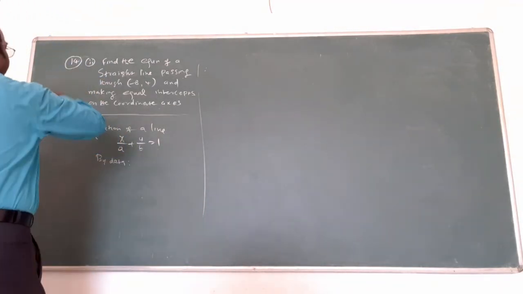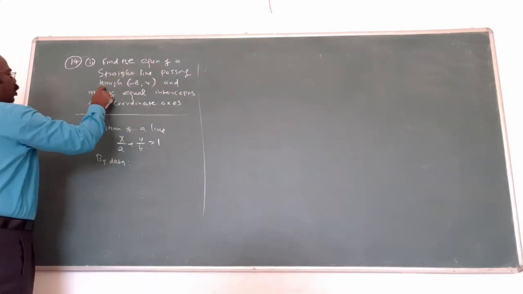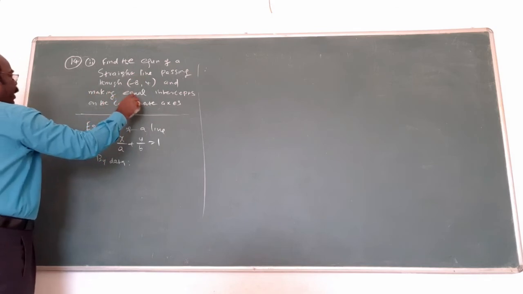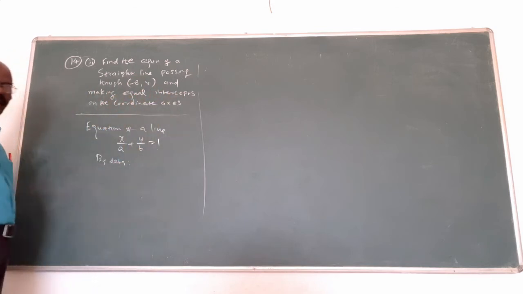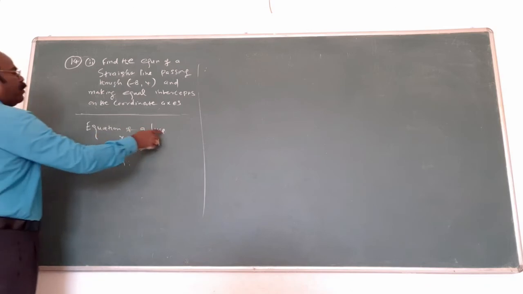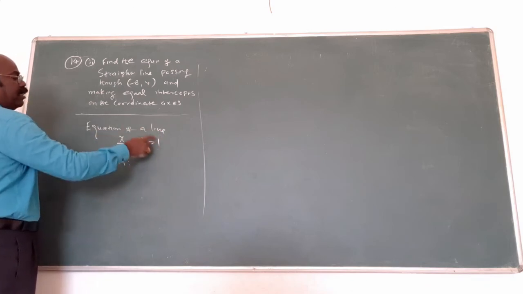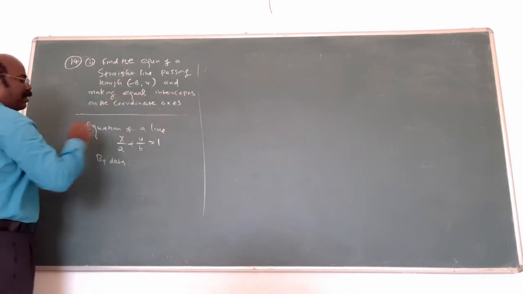Now the second solution: find the equation of the straight line passing through minus 8, 4 and making equal intercepts on the coordinate axes. Now what is the equation? x by a plus y by b equal to 1. I want to write this form. What is the reason? The word equal means intercept is involved.